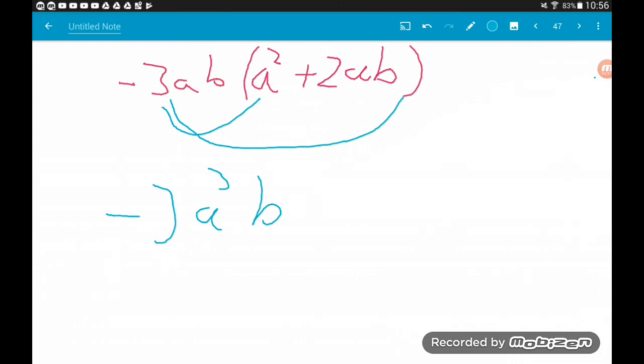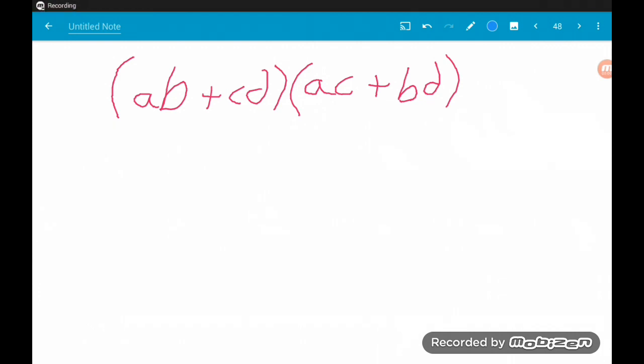Well, quite a few things are going to happen there. We've got minus 3 times 2, so we get minus 6. We've got a times a, which is a squared. And then we've got b times b, which is going to give us b squared. Job done for question 2.